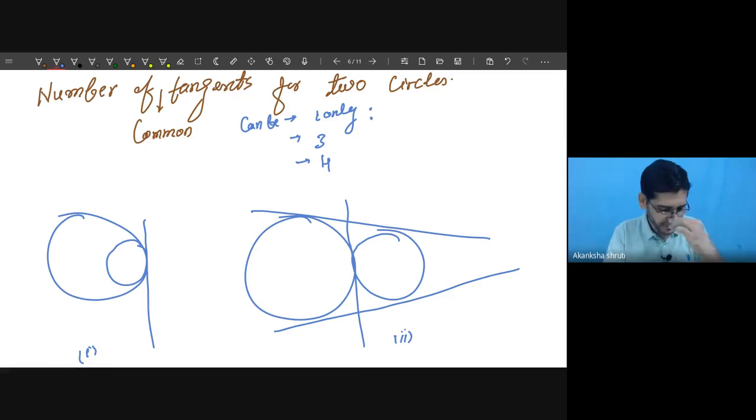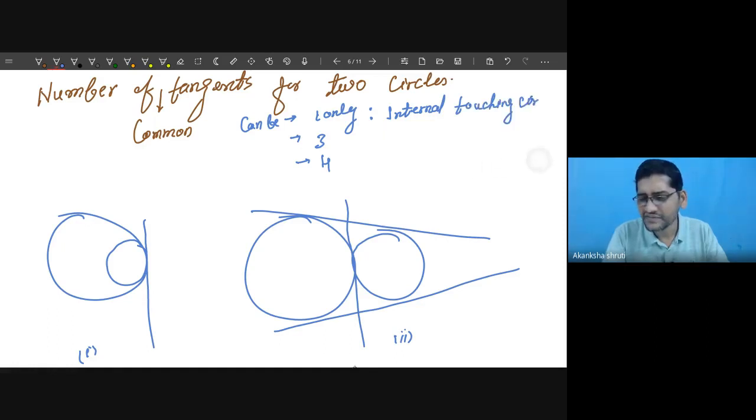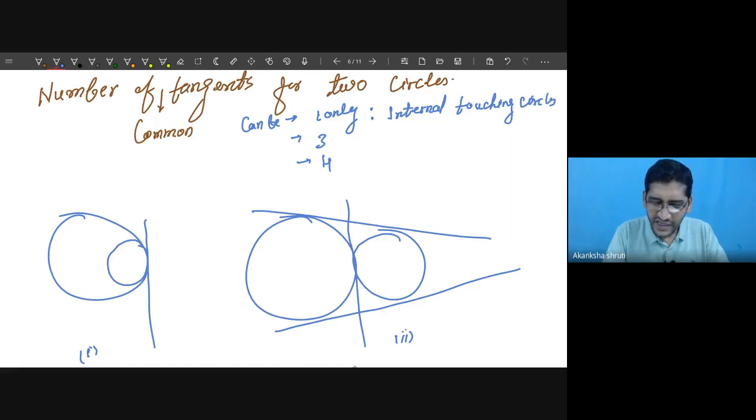One is when this circle is inside the other circle, meaning internally touching circles. Three tangents is for externally touching circles.